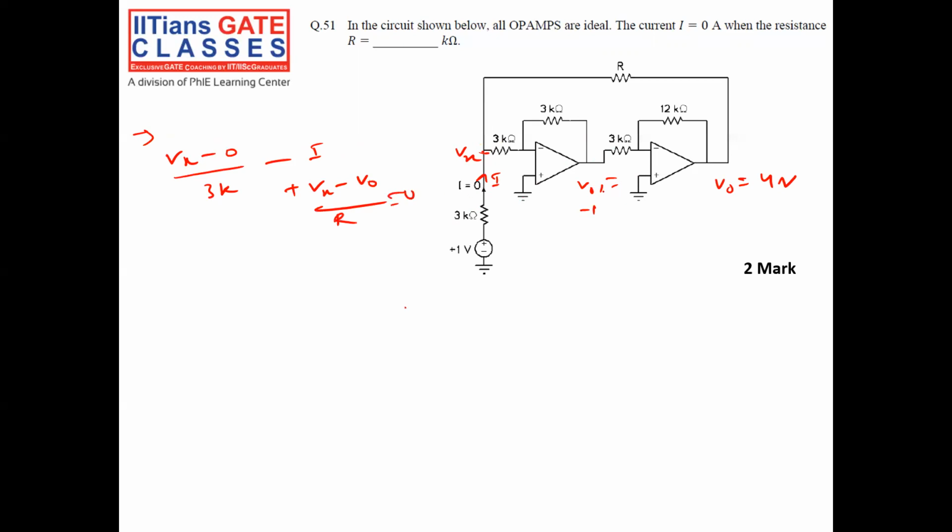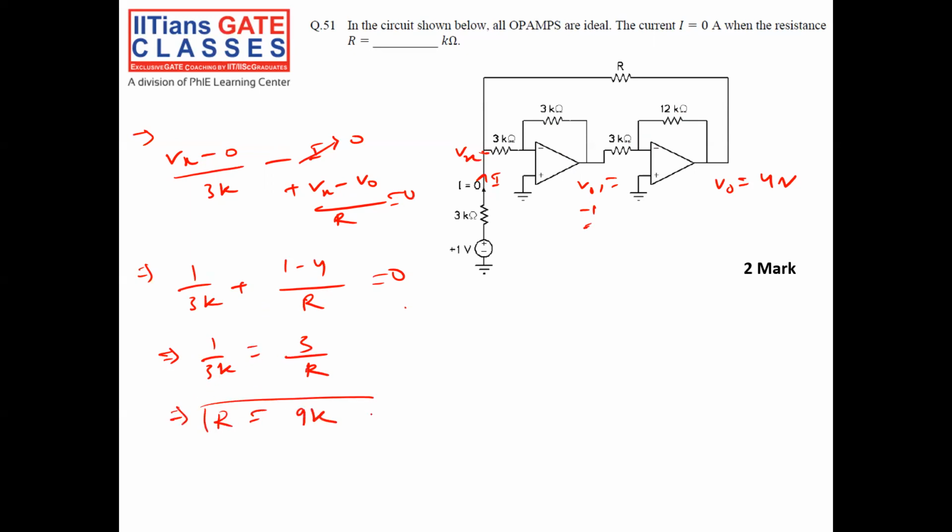Here for V01 I got minus 1, and again with minus R2 by R1 I got 4 volt. I is given 0. This implies 1 by 3k plus 1 minus 4 by R is equal to 0. This implies 1 by 3k is equal to 3 by R, so R is equal to 9k. So I have to put R equal to 9k to make my current I equal to 0.